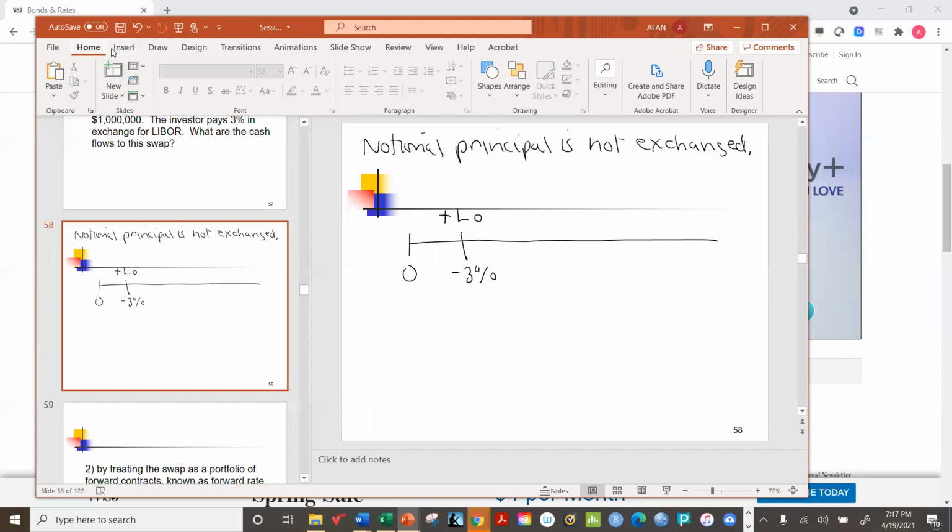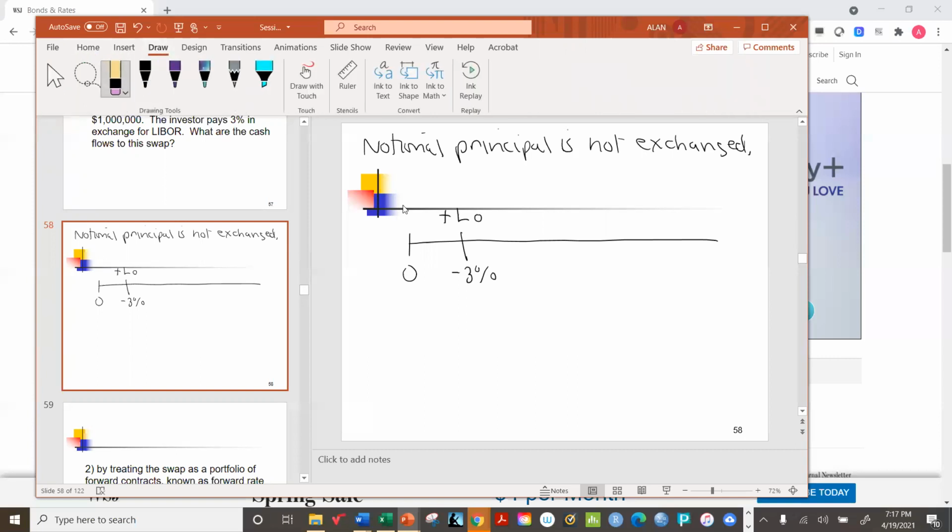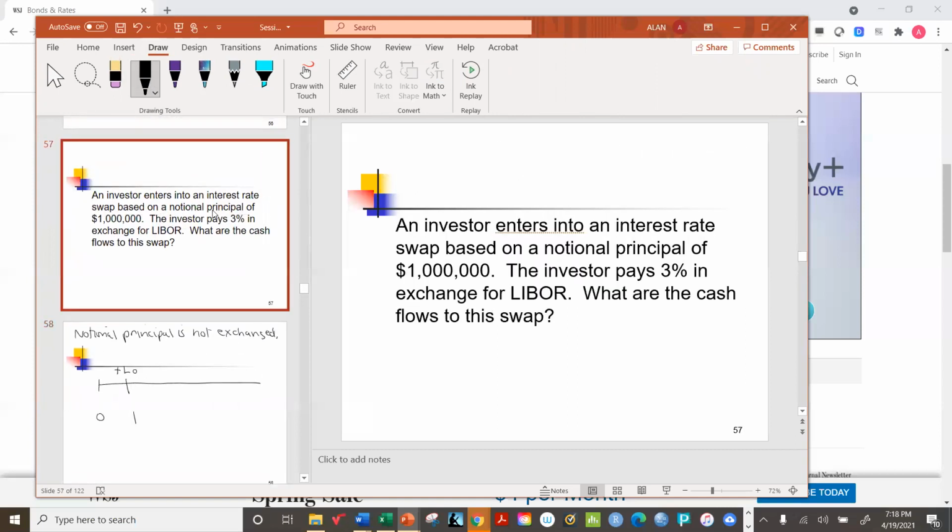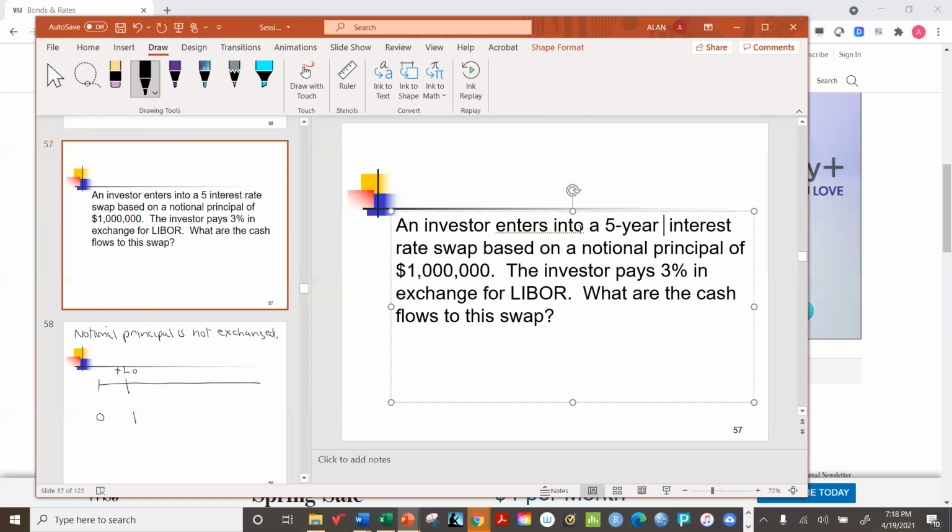You know what? I have to be careful with the notation here. Yeah, I'll tell you what I'll do. I'll put the times down here a little further below. Oh, and let's just keep it simple. Let's say it's a 5-year bond or 5-year swap with annual payments.